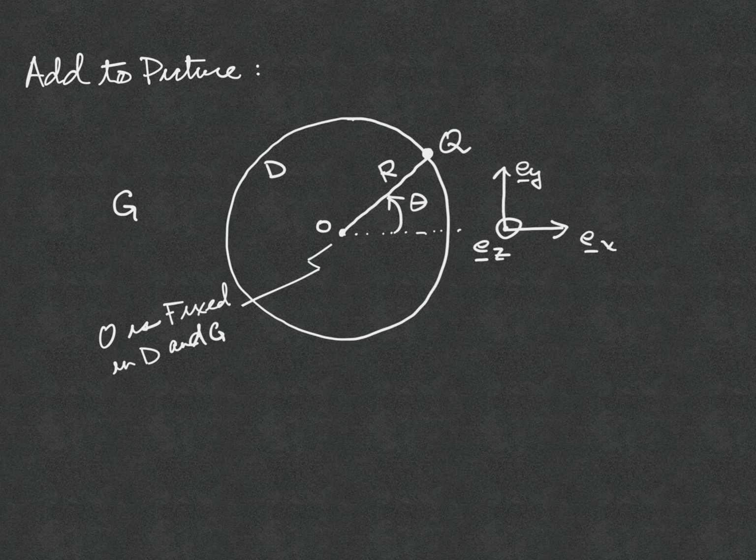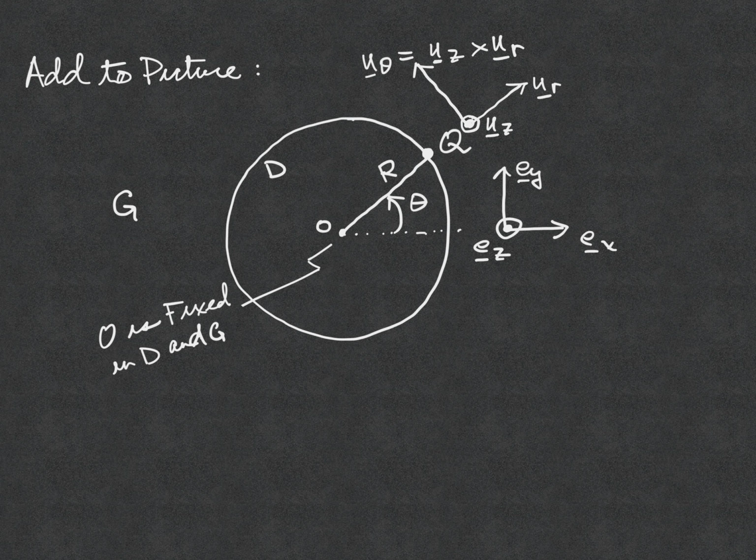And UR is going to be along OQ. I'll define all these below. UR is along OQ, and I'm going to define a direction UZ, which is actually out of the page, which is in the same direction as EZ. And then I'm going to define the cross product, which is going to be U theta, which is going to equal UZ crossed with UR. It completes the right-handed system.